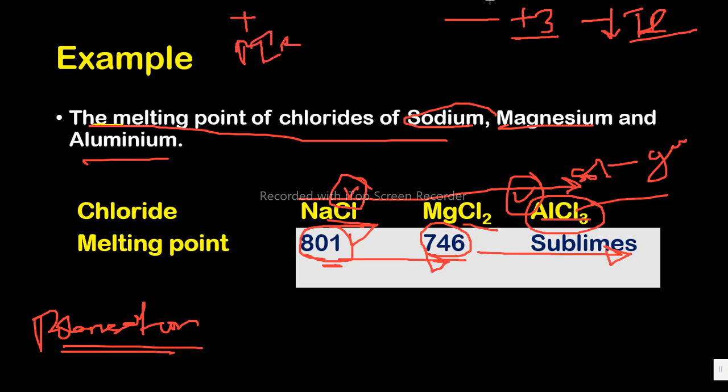So the aluminium has a high polarizing power that polarizes the aluminium chloride bond. And if you polarize the bond, it ceases from being ionic and becomes more of a covalent bond. When you increase the covalent character, you reduce the strength of the ionic bond. And remember, covalent compounds have low melting points and boiling points. So our aluminium chloride is going to have a low melting point.